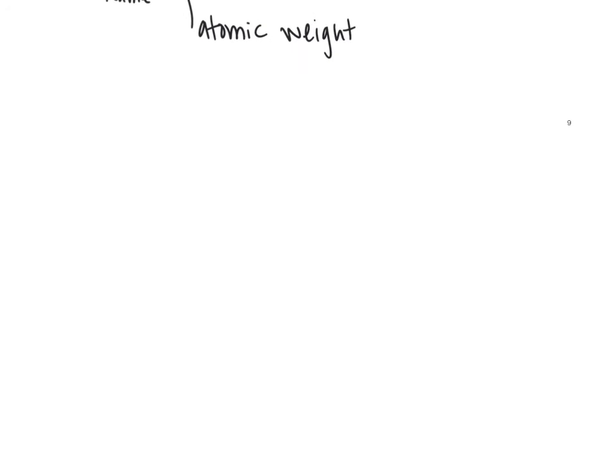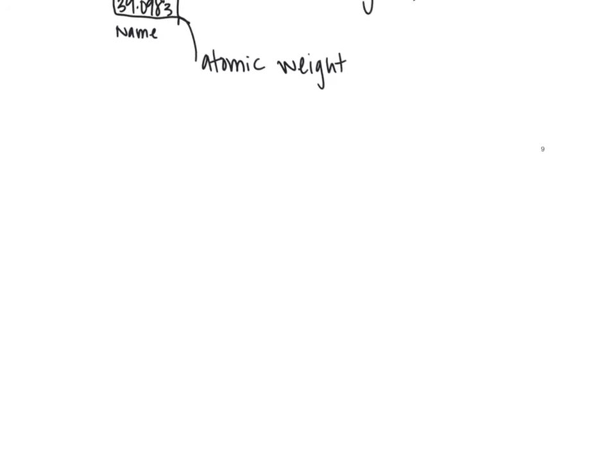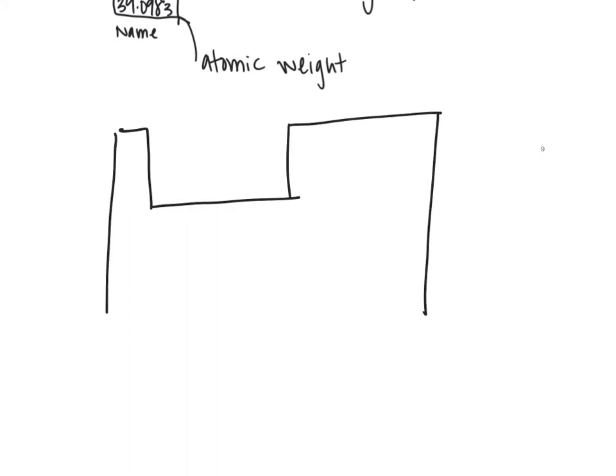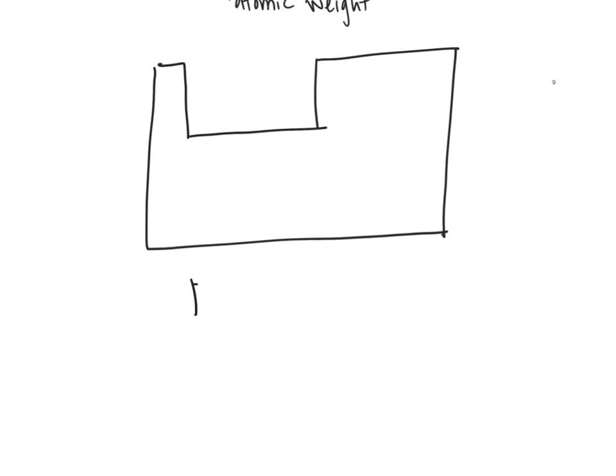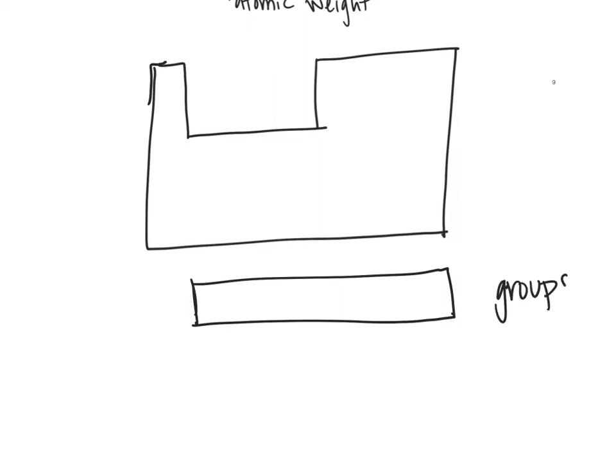So before we look at a periodic table, I'm going to draw one up here. And this is roughly to scale. And so there are a couple of different regions that we want to talk about. We call them groups. So groups are the columns.